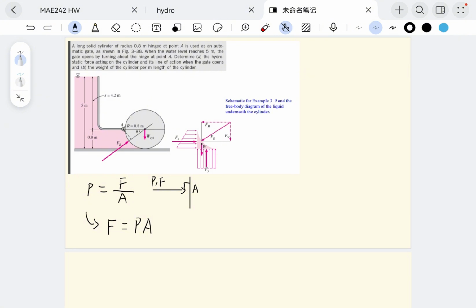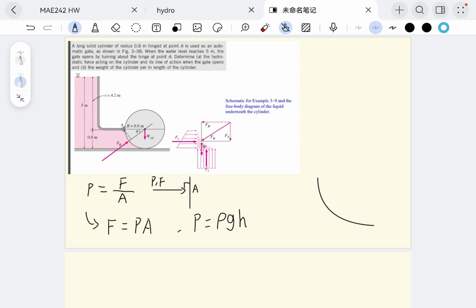Well, the pressure in the water is defined by the water pressure equation, which is P equal to density of the water, gravitational acceleration, depth. So the pressure of the water is height dependent. As it goes deeper, we have a higher P value.